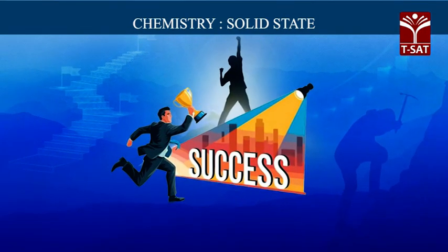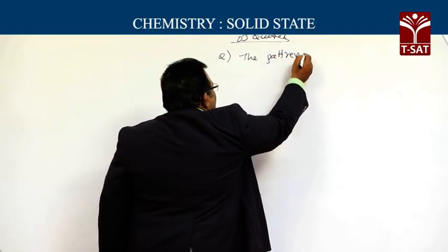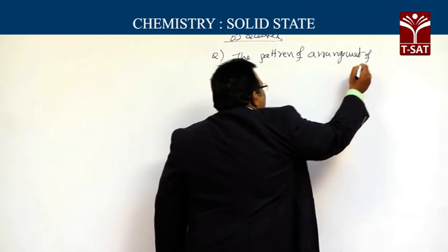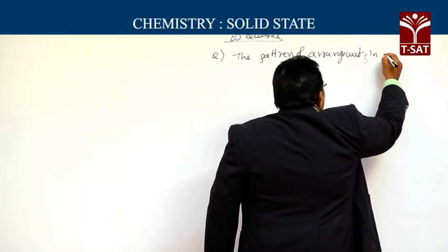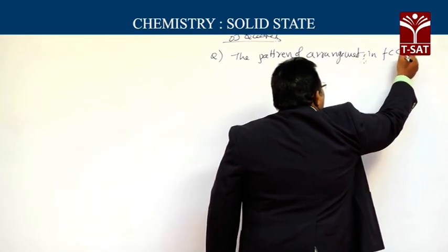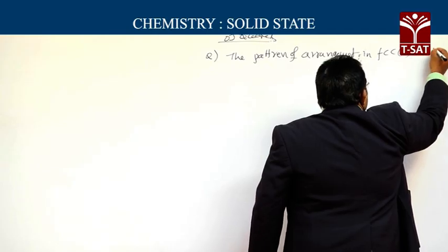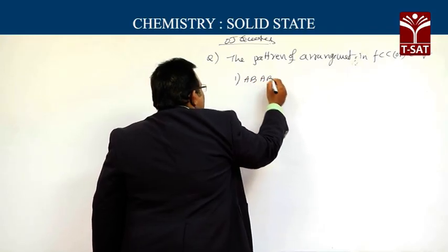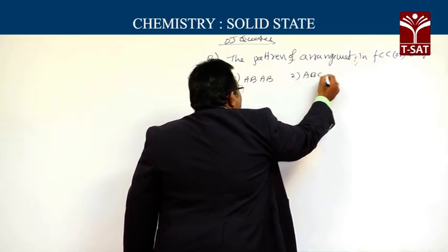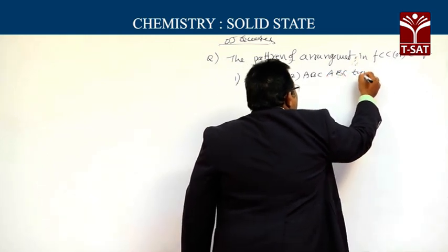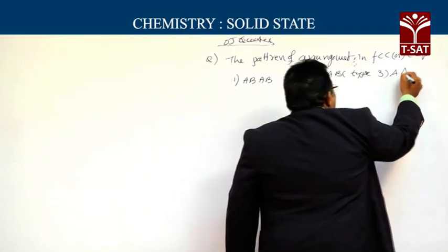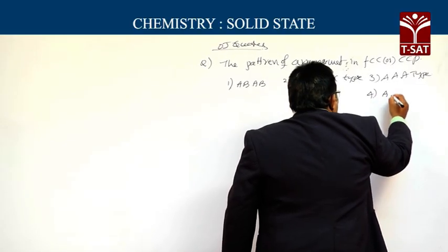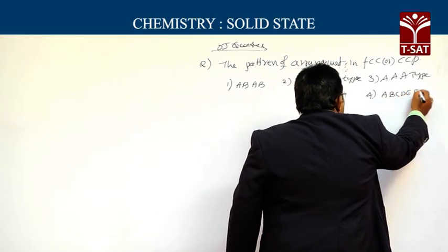The pattern of arrangement in FCC or CCP, AB type, ABC type, AAA type, A, B, C, D, E, F type.